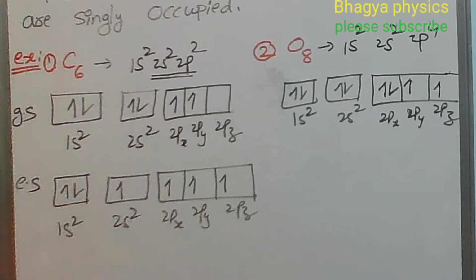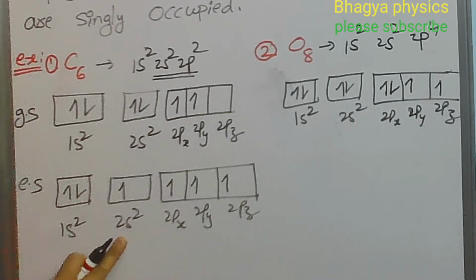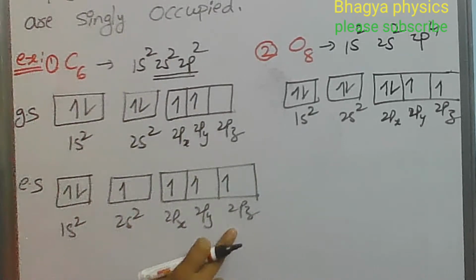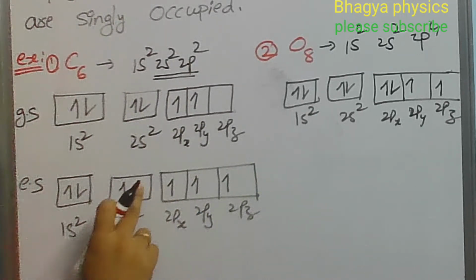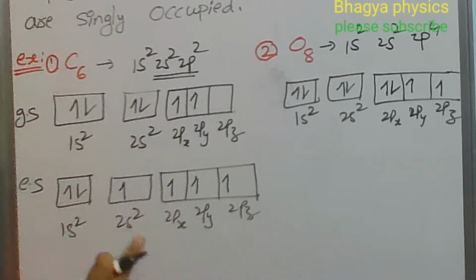First the electron enters the 2s2 orbital because, compared to 2s and 2p orbitals, 2s has the lowest energy level. That is why the electron first occupies the 2s orbital.